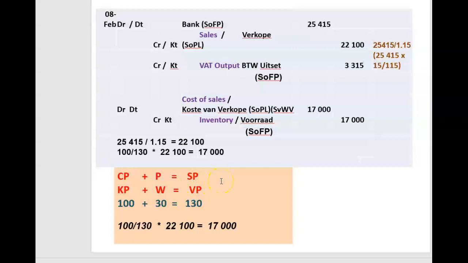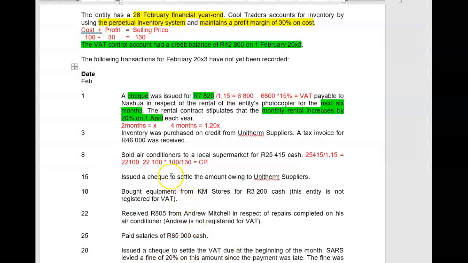It's not wrong, but you always make mistakes with that. So rather take my advice. First thing, before you work out the cost price, you're going to convert the 22,100 into a normal selling price, and then you apply your normal 100 divided by 130 of the normal selling price in order to arrive at the cost price of the goods sold.